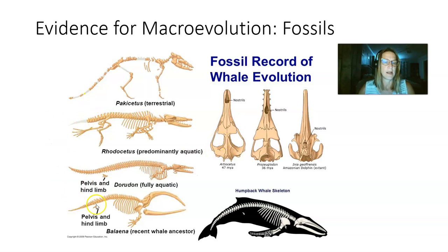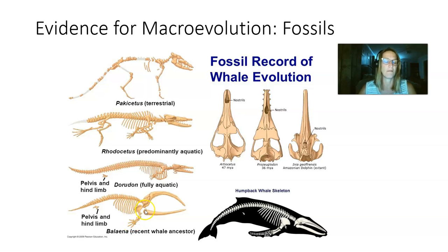But if you look at this skeleton of a whale, you can see a lot of similarities in this fossil and the whale. The head shape is a little bit different, but you can see there's very similar structures. The skeleton is very different. There is a small pelvis and hind limb here, but you also can see there's a small pelvis and hind limb in the humpback whale as well. The front limb is slightly different, where the finger bones are extended in the whale and less so in its recent whale ancestor.